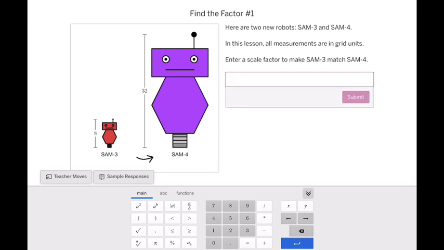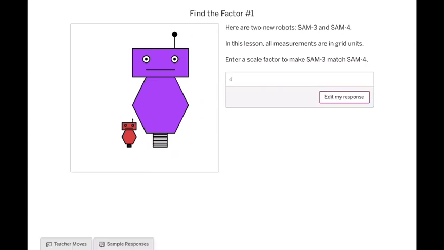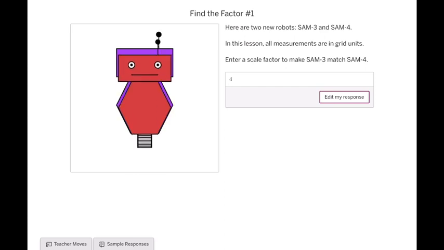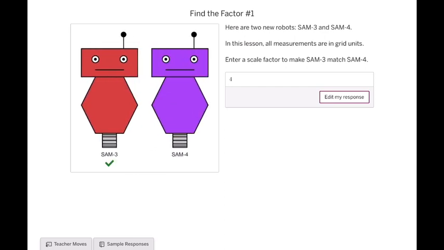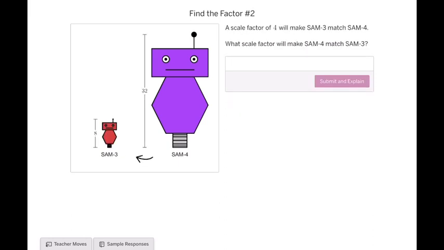So let's see if that is a scale factor of 4. Perfect. So finding the scale factor is all about trying to figure out what we're multiplying by, right? That scale factor is multiplication, what we're multiplying by to go from one shape to the other shape. The scale factor of 4 will make SAM3 match SAM4.